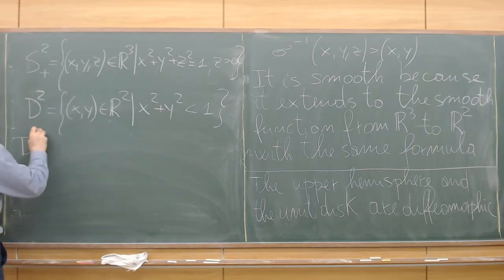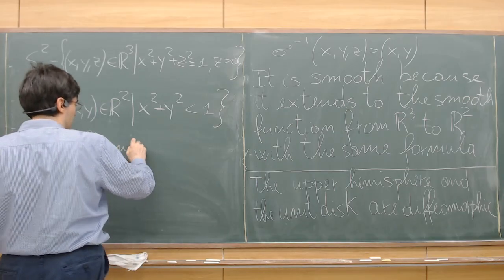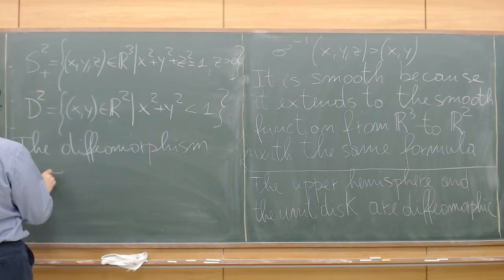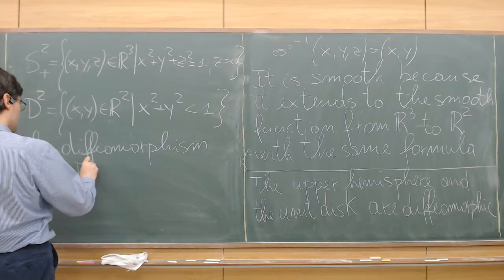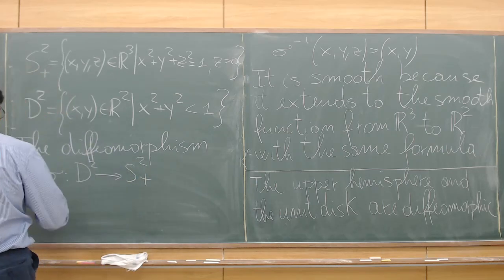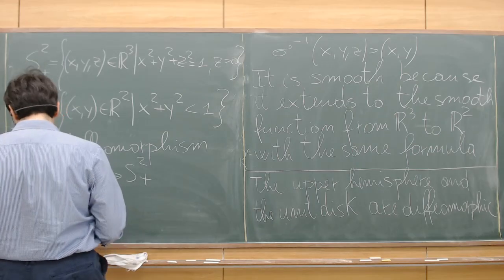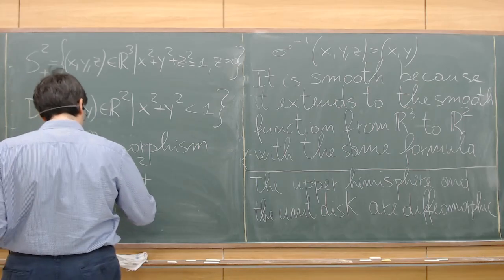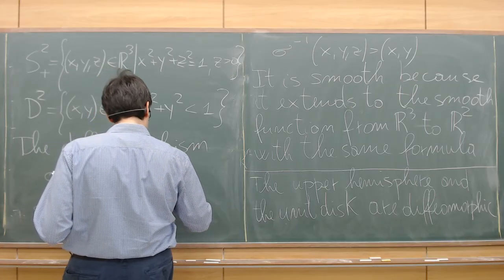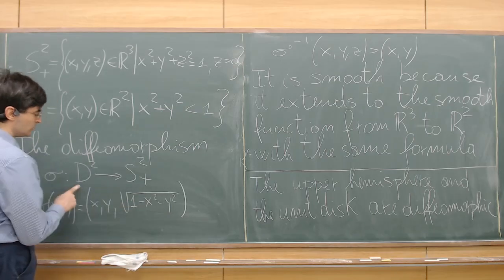Okay, the diffeomorphism sigma between D2 and S2 plus is given by this formula, sigma of x, y equal to x, y, square root of 1 minus x squared minus y squared. This is a smooth function on D2.